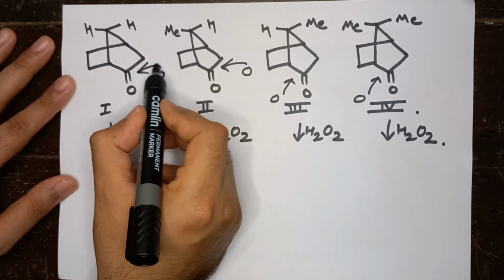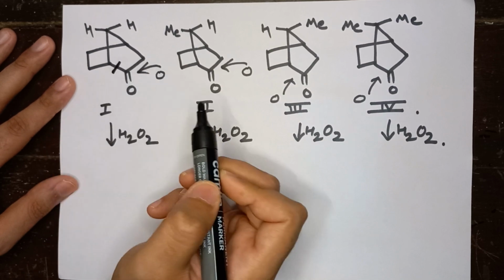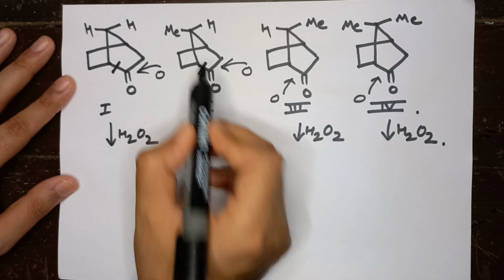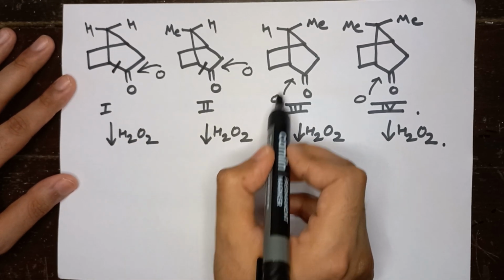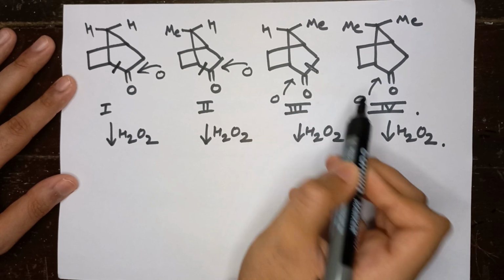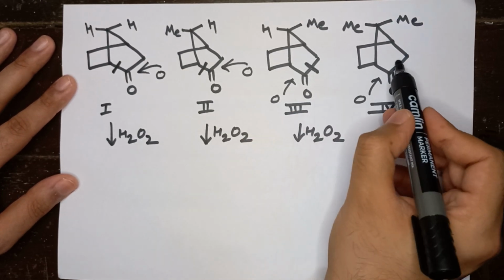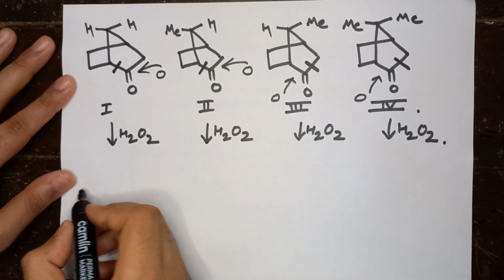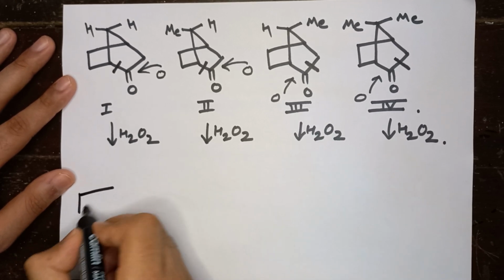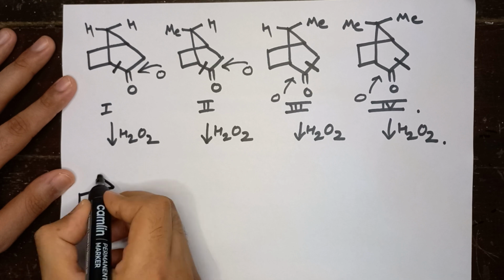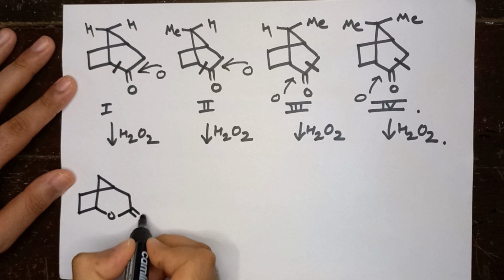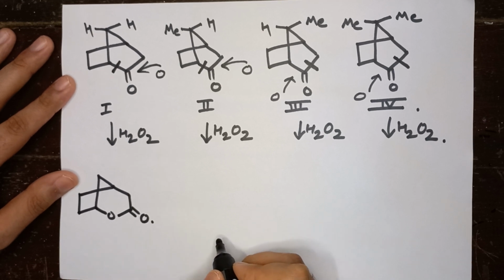So I'm attacking from this side, so oxygen will be inserted from this side. I'm attacking from this side, so oxygen will be inserted from this side. I'm attacking from below the plane, so oxygen will be inserted here from the above side, and similarly for this one. So the product will be for all of them. So this is for the first one.